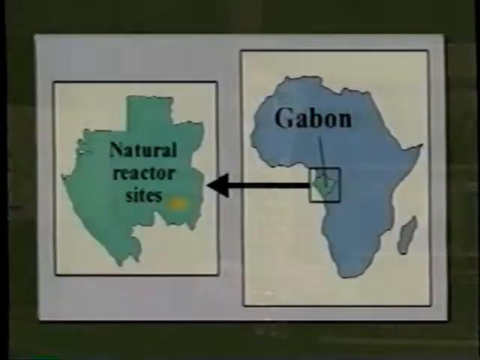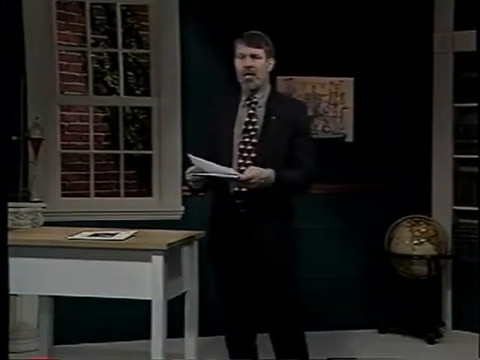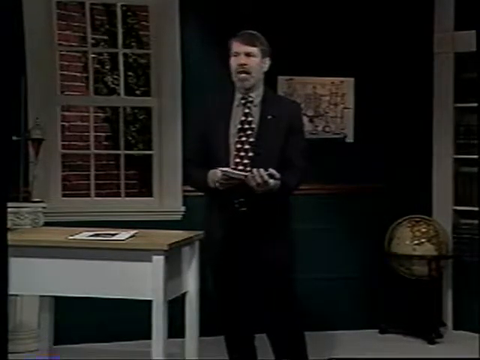We now know of 17 separate natural reactor sites near Oklo and Bangombe in equatorial West Africa in the Republic of Gabon. These were discovered in 1972, quite by accident, when uranium ore was shipped from these mines. And when people analyzed the ore, they said, these have been depleted in uranium-235, which is the valuable material.